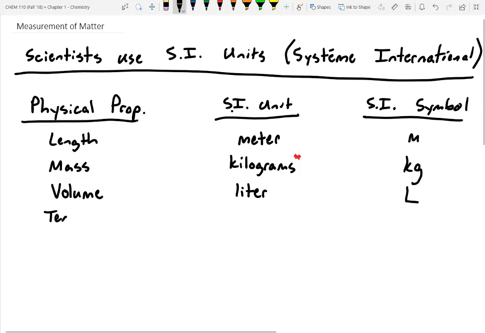Temperature can be measured with international units. This one's a little bit less intuitive. If you go to Canada, what do they measure temperature in? Celsius, right? They don't use Fahrenheit in Canada. However, chemists and physicists even go one step further and they use a system called Kelvin.